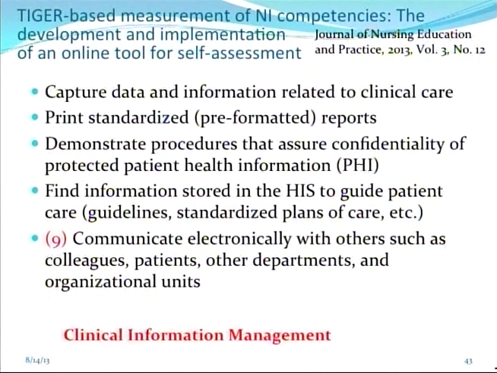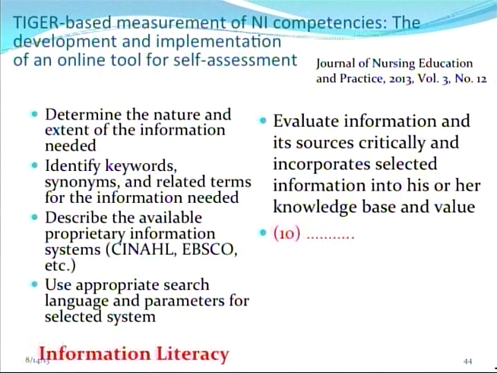They picked 9 for clinical information management, and these are more examples of clinical information management. So they capture the data, they demonstrate procedure confidentiality, etc. And these are the 10 competencies for information literacy.